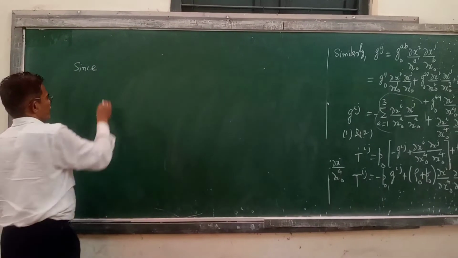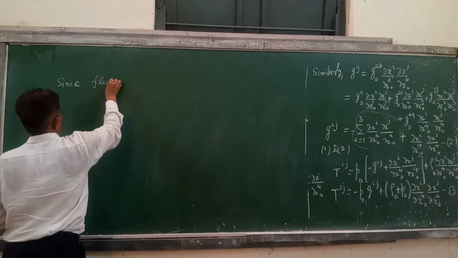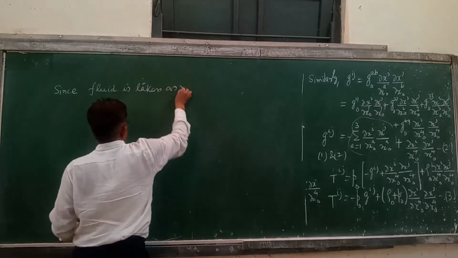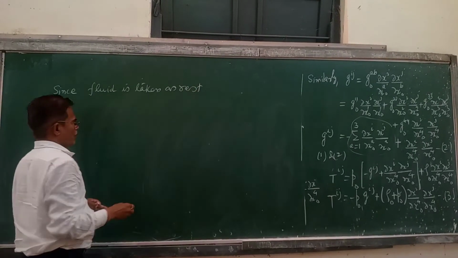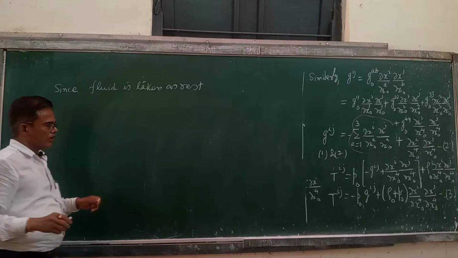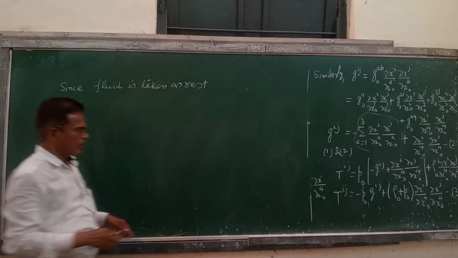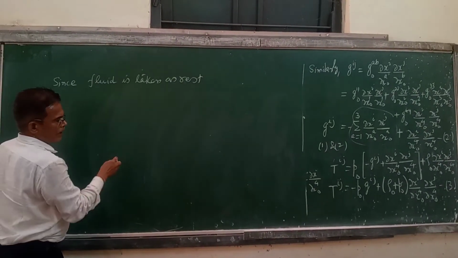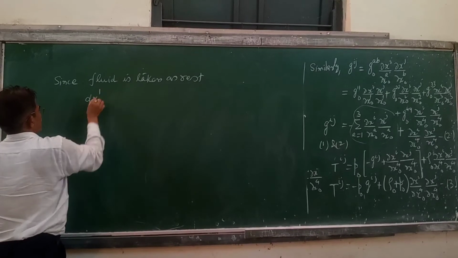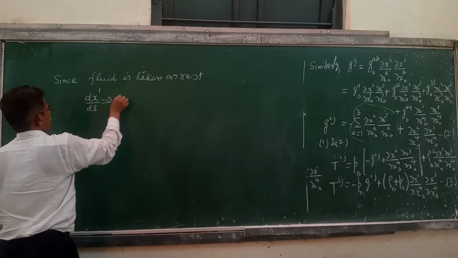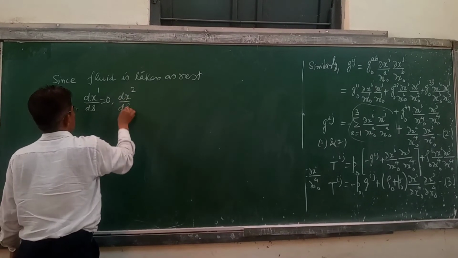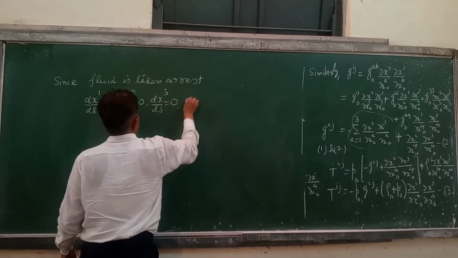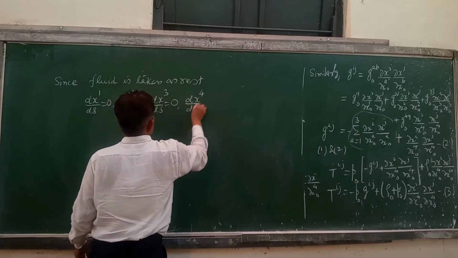Since the tube is taken at rest, therefore of motion, meaning velocity, dx1 upon ds equal to 0, dx2 upon ds equal to 0, dx3 upon ds equal to 0, and dx4 upon ds is equal to 1.